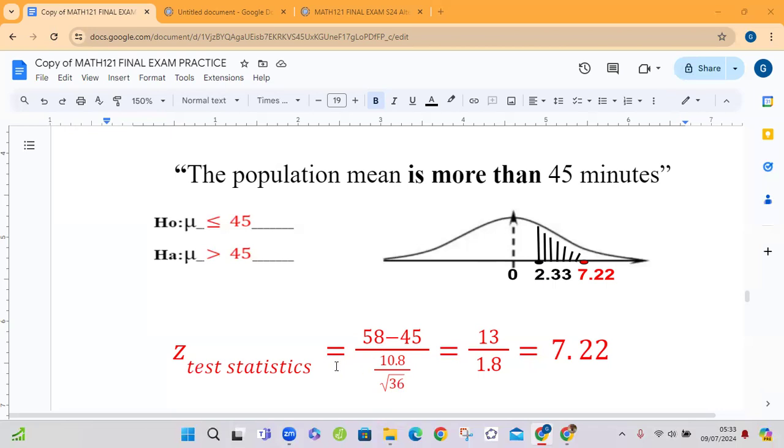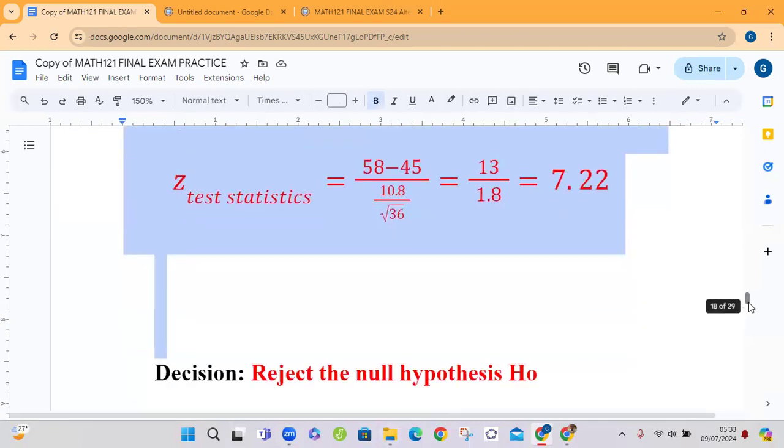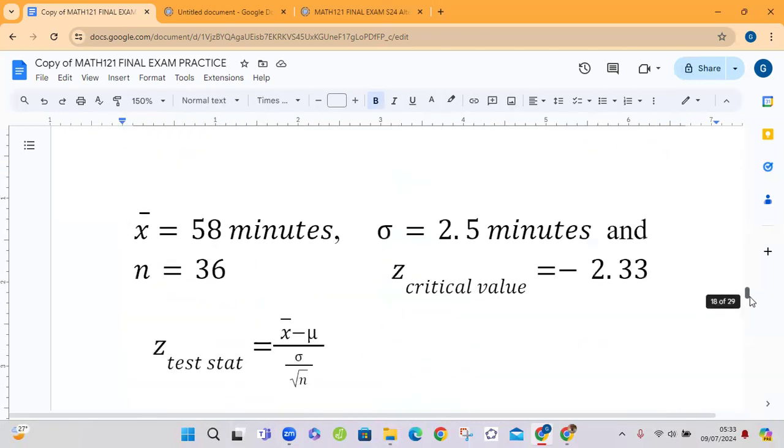Here is the calculation. It is the sample mean minus the population mean. Sample mean was 58 minus 45, which is the population mean, divided by 10.8 divided by the square root of 36. You can recall that these are the statistics. Oh, 2.5 minutes.